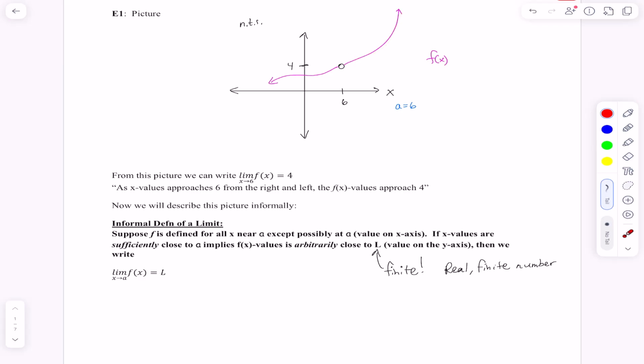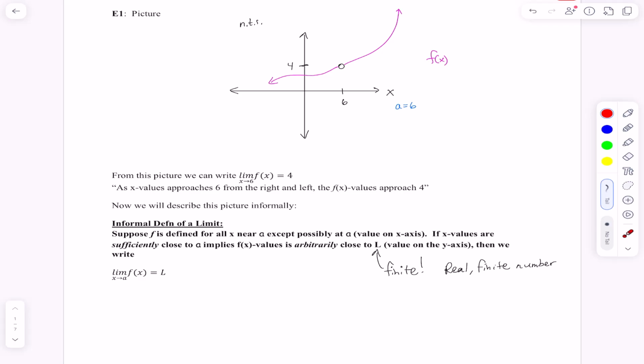Now keep in mind that 6 is not even in the domain of this function. But once again, if we look at this more carefully, as x approaches 6 from both sides, where do the corresponding f of x values go? Seems like the f of x values are approaching the number 4.